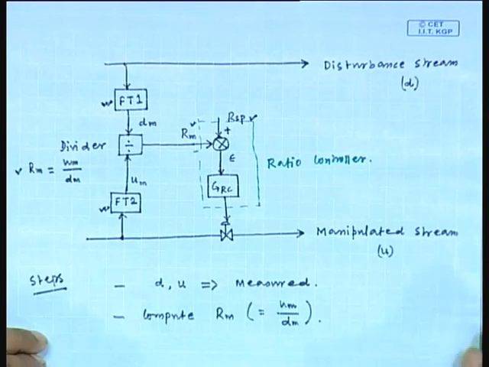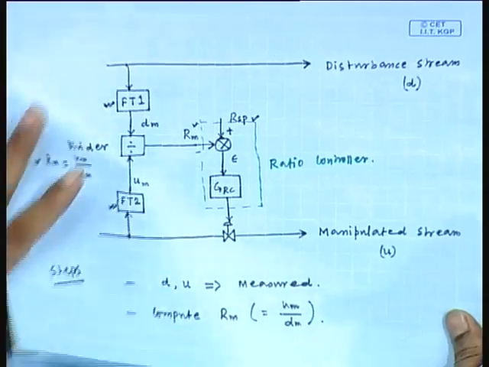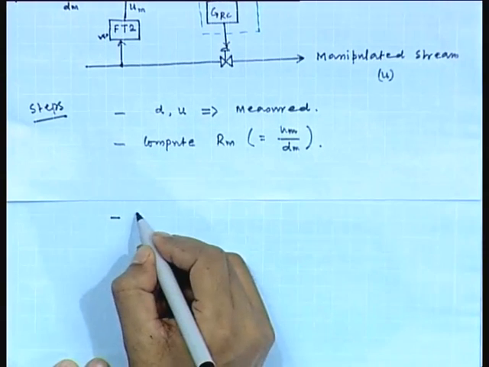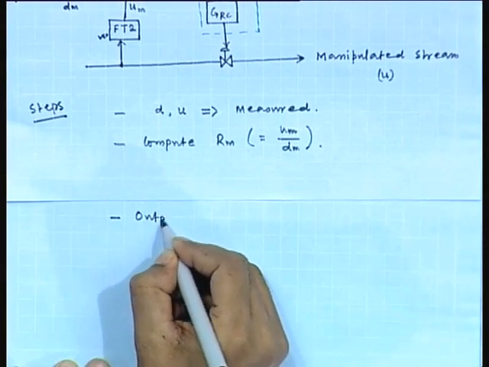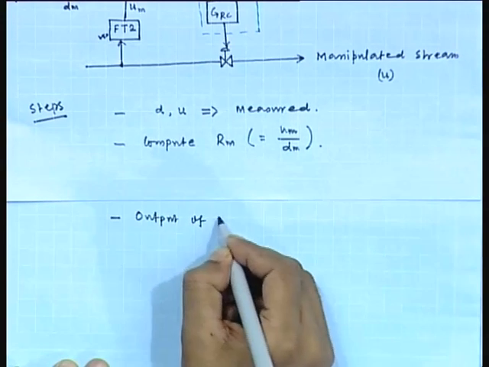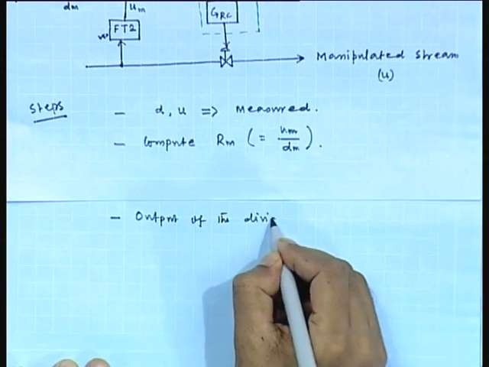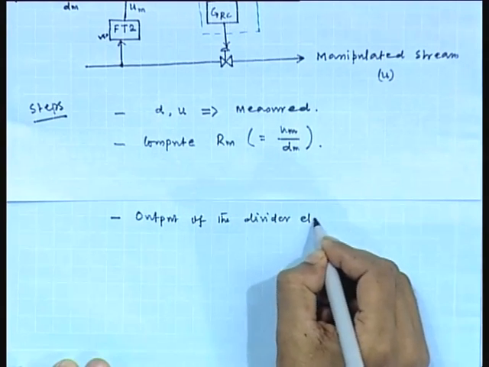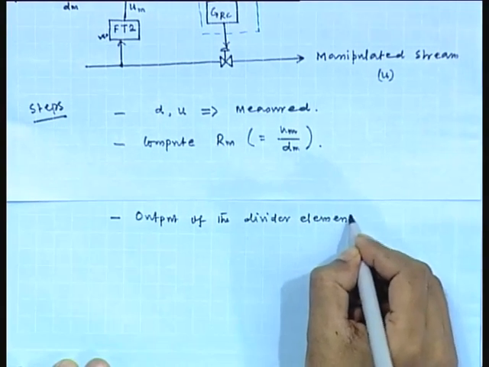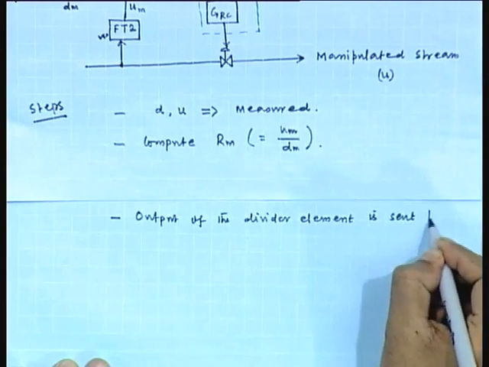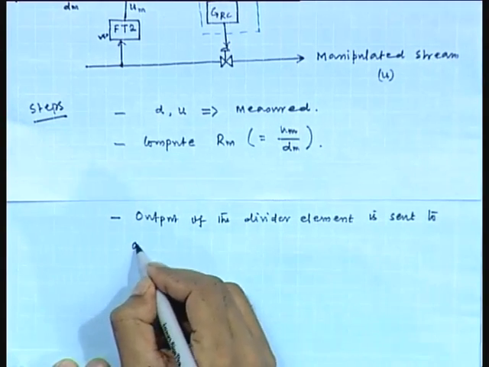Now, the output of the divider element is sent to the ratio controller.